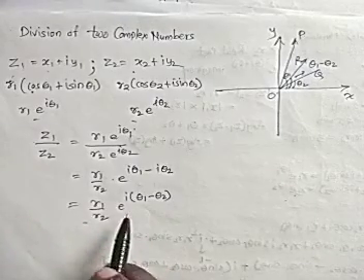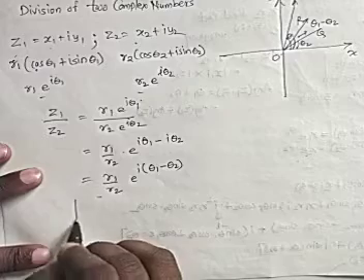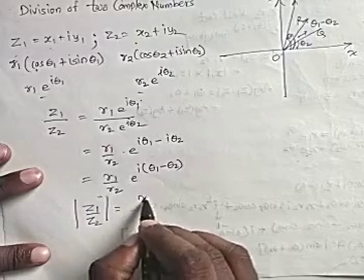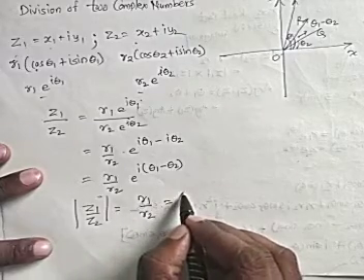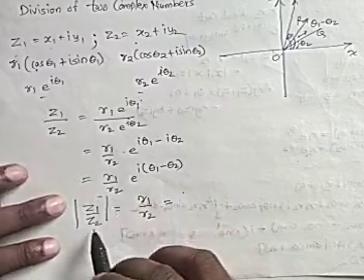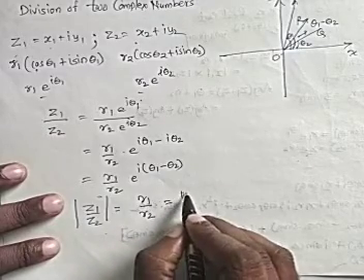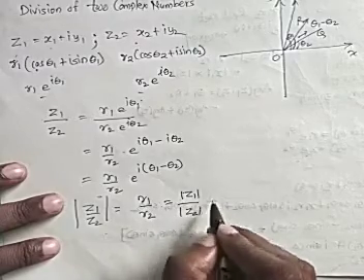So this is a form of complex numbers. The mod of Z1 upon Z2 is equal to R1 upon R2. This is the real part, the mod, and that's why we can write mod of Z1 upon mod of Z2.